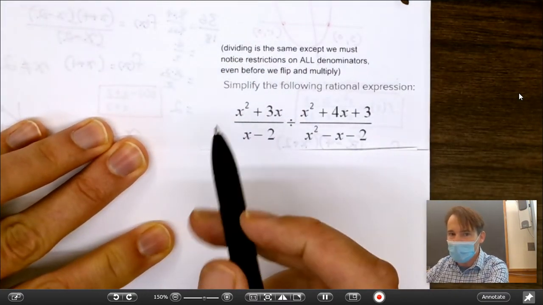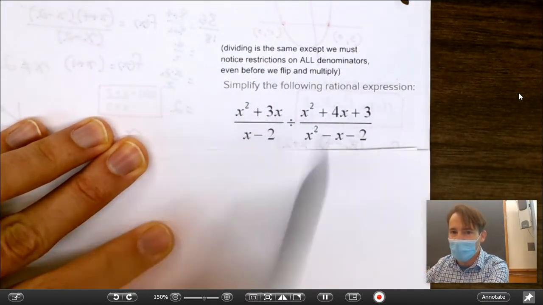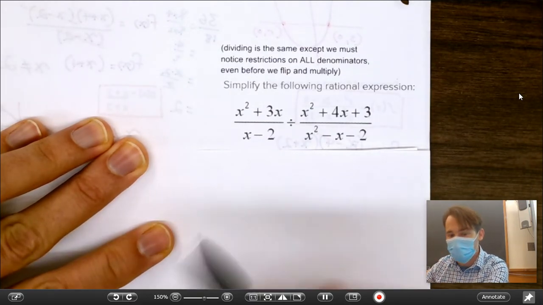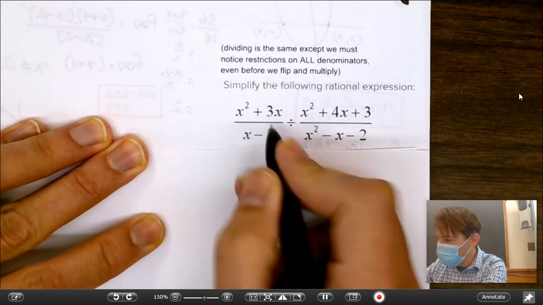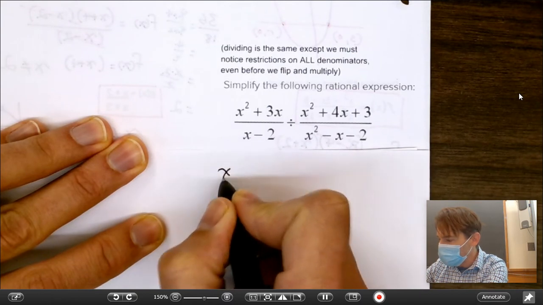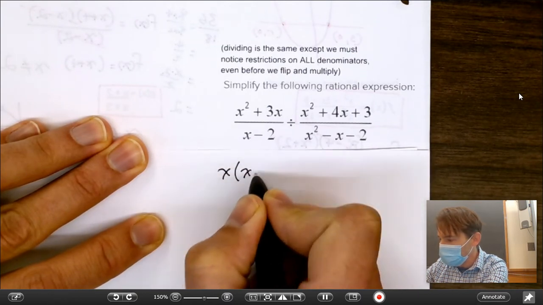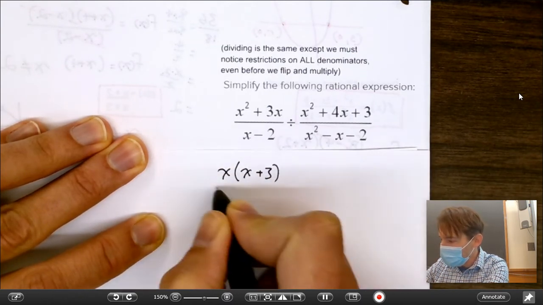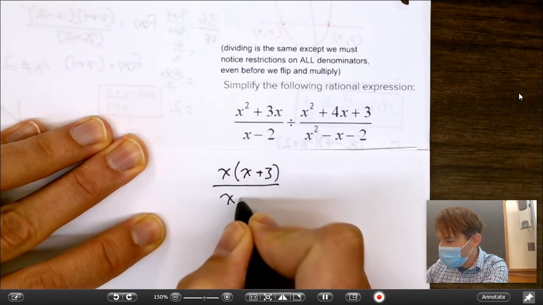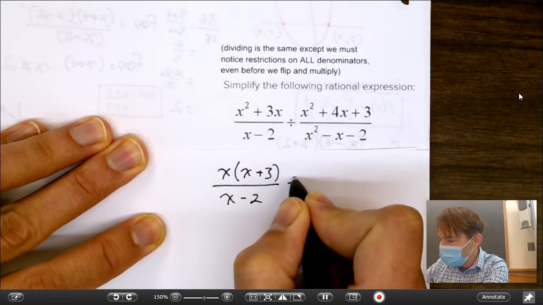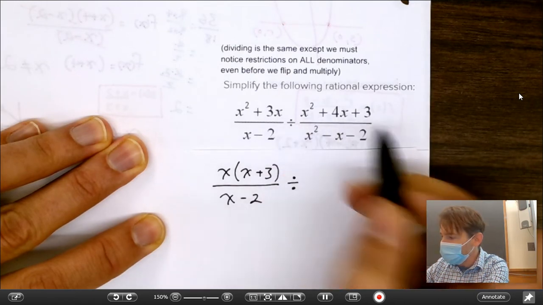So first thing to do is factor all of our numerators and denominators. X squared plus 3x just factors with common factoring. So there's x times x plus 3, and then this is all divided by x minus 2, and then we say divided by x squared plus 4x plus 3.